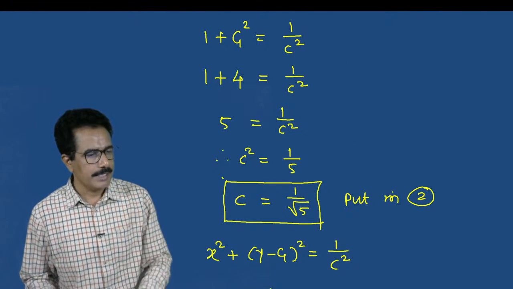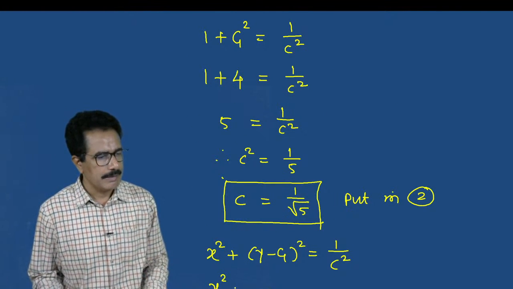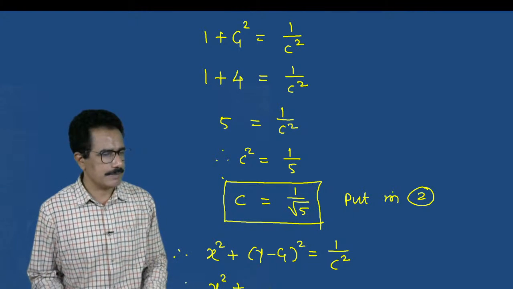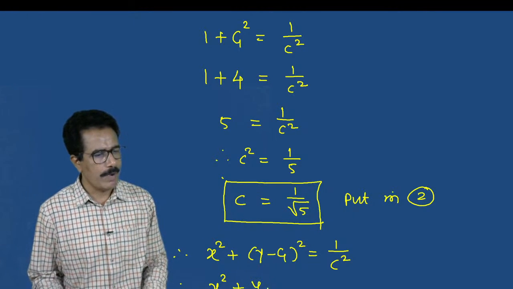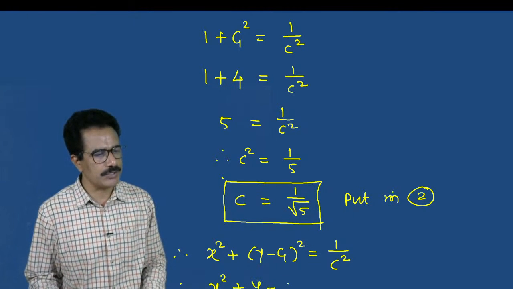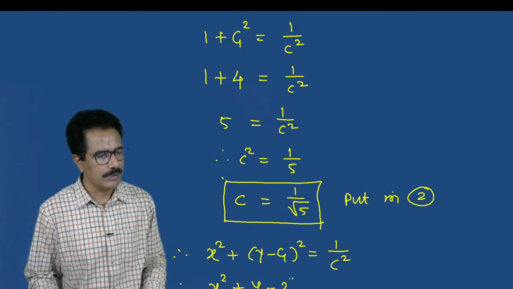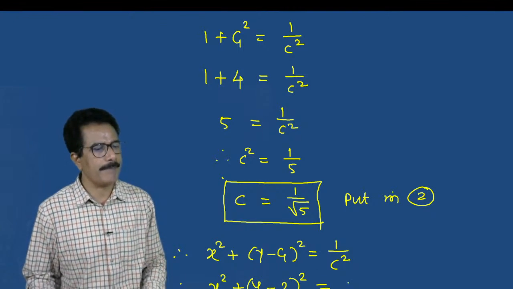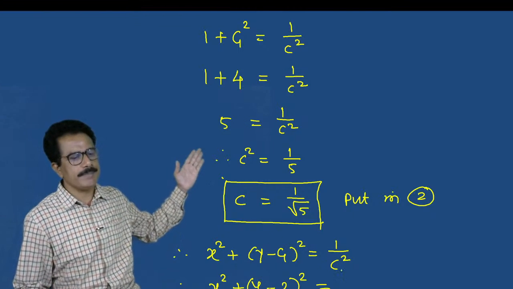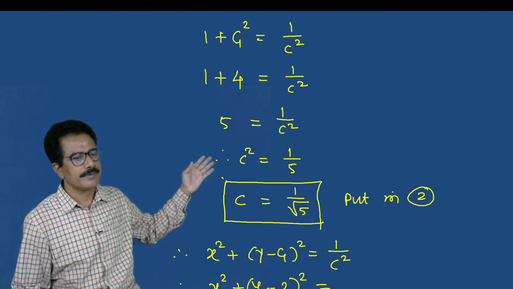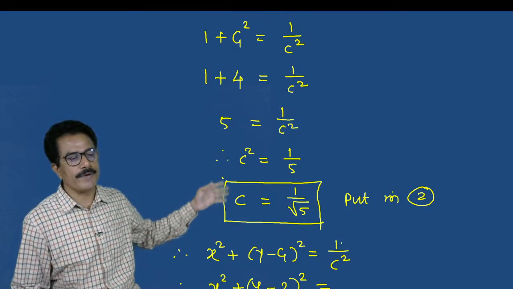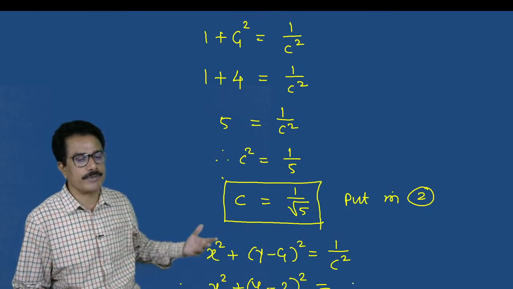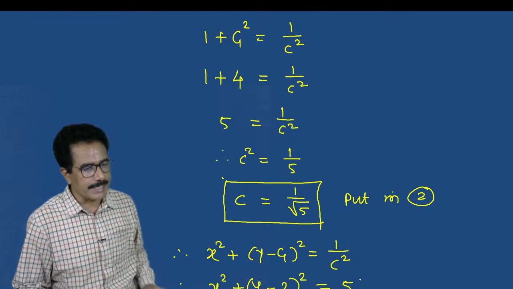So x square plus (y minus c1), the value of c1 is 2, whole square which is equals to 1 upon c square. c means 1 upon root 5, and 1 upon root 5 whole square is again 5.